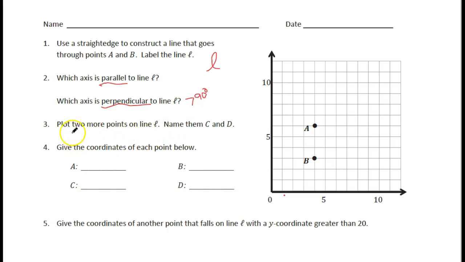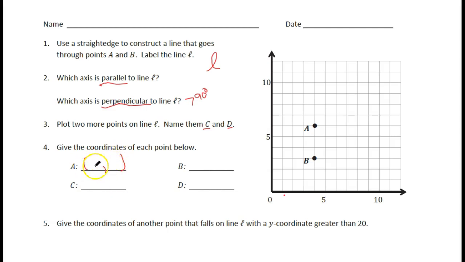Remember. Plot 2 more points on line L, and then you name them C and D. So it's going to fall on this line somewhere. And then it's asking you to give the coordinates for these ones.